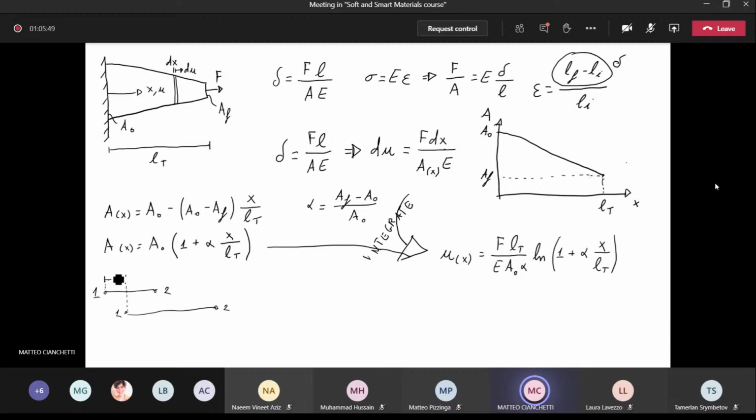This one is the displacement of node 1, right? This one is the displacement of node 2. So U1 is defining the value of the displacement.